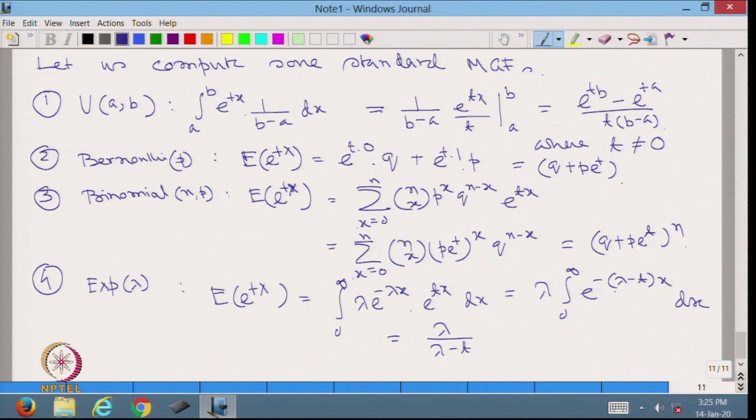But we know that lambda minus t has to be positive. Therefore, t should be less than lambda, then only it will converge.